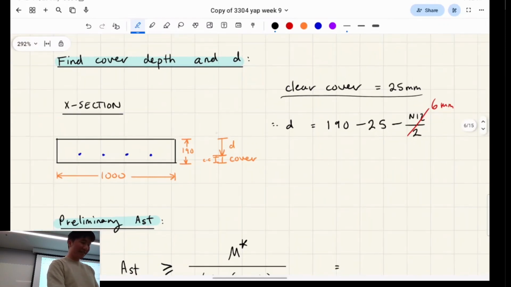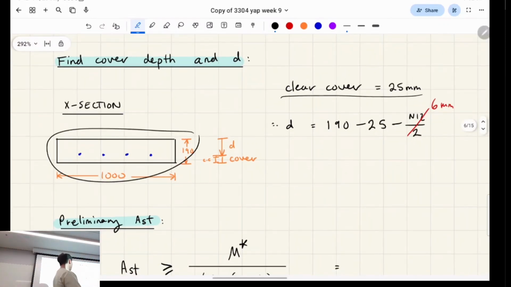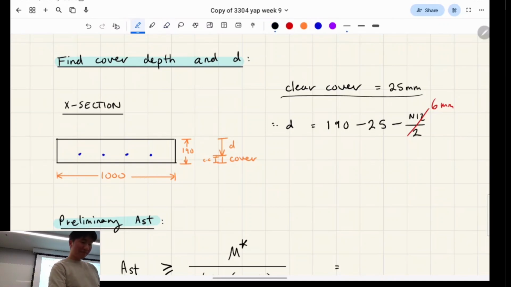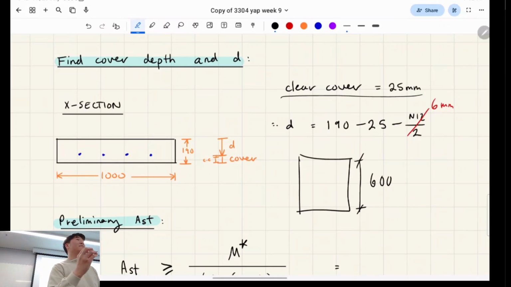Well, think about it like this, right? A typical slab looks like this with 200 mil depth-ish, but a beam will look something more like this, right? This one might be like 600, so the beam might have, I don't know, N20, N16, N24, something like that.